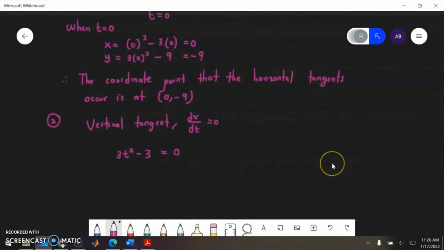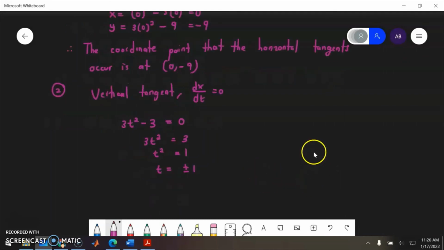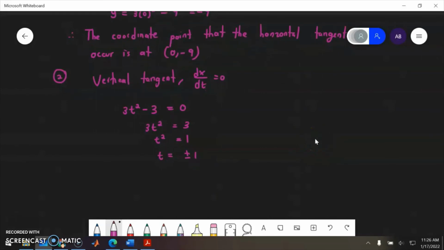So how to do this? Let's simplify this. 3t squared equals 3, so t squared equals 1. So t will be plus or minus 1.